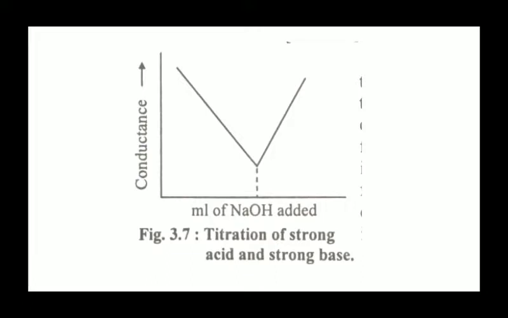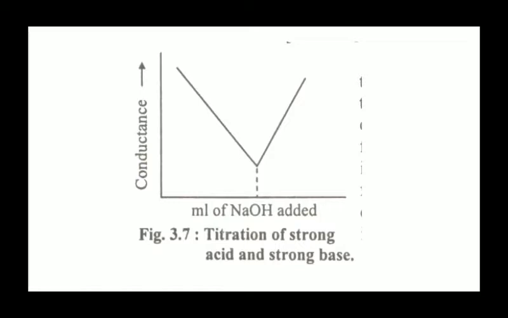From the graph, it is observed that initially the conductance of the acid solution is high due to the presence of high mobility H plus ion in the solution. As the titration progresses, these ions are replaced by Na plus ion of low mobility.